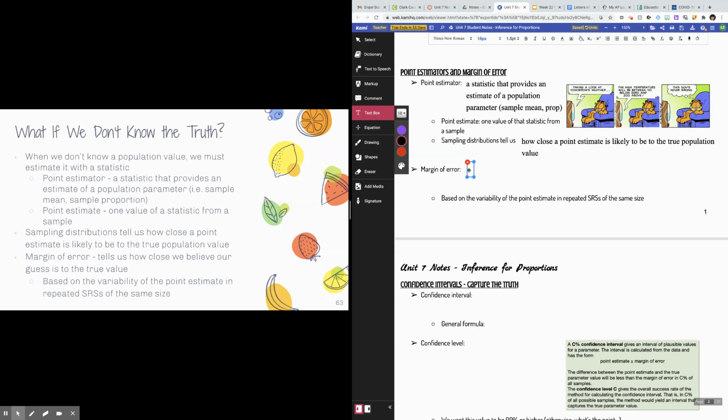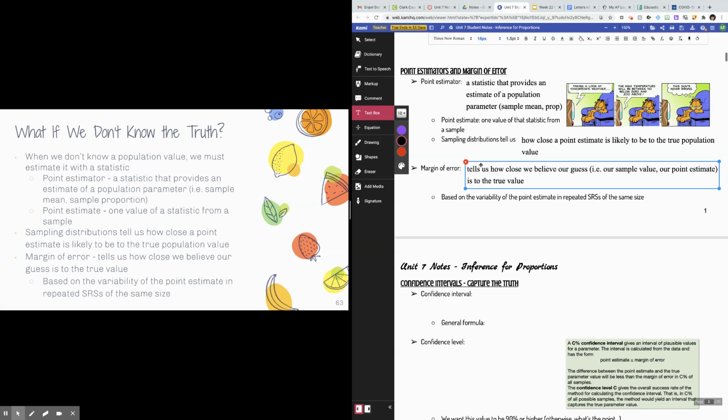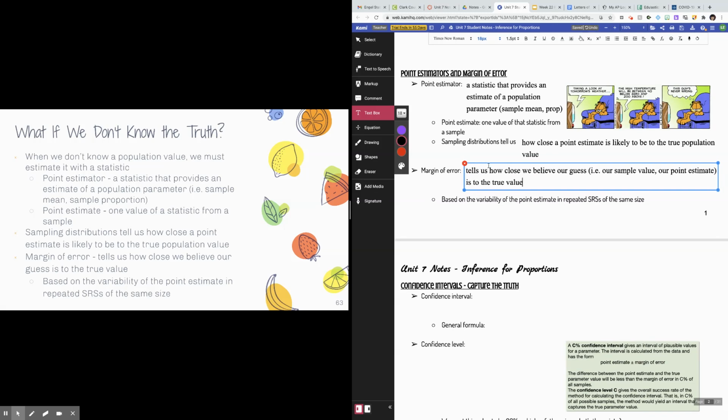Our definition in statistics of a margin of error is a number that tells us how close we believe our guess, i.e. our sample value or our point estimate, is to the true value. It's usually better if we can have a smaller margin of error, but sometimes that's not possible.